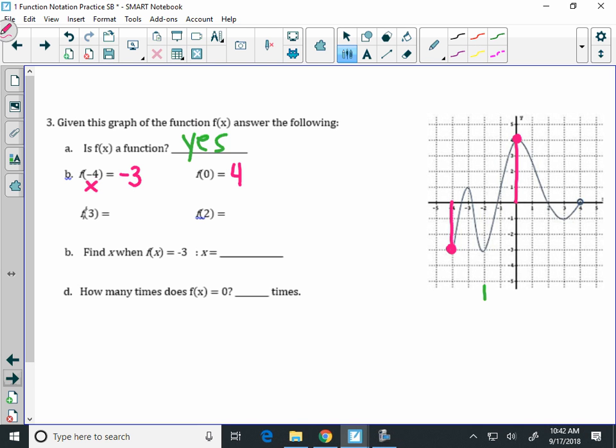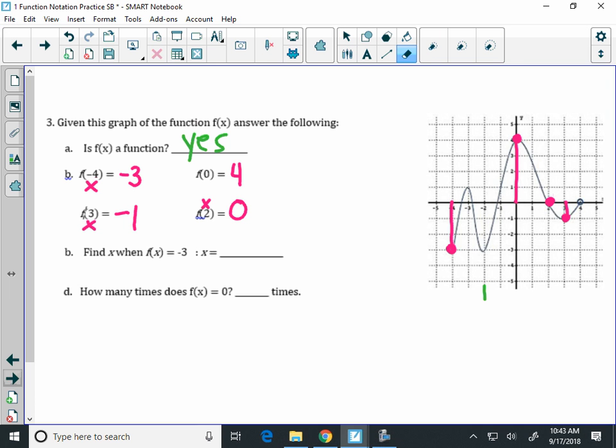At f of 3, 3 is an x value because it's in the parentheses. At 3, I have to go down 1 to get the output. And finally, f of 2. 2 is an x, and I don't have to move anywhere. See how the point is already right there at 0.